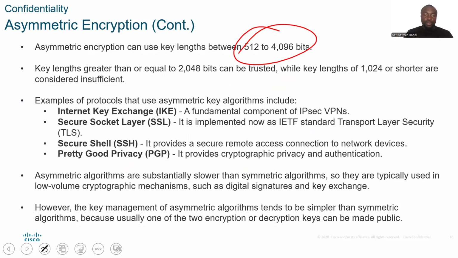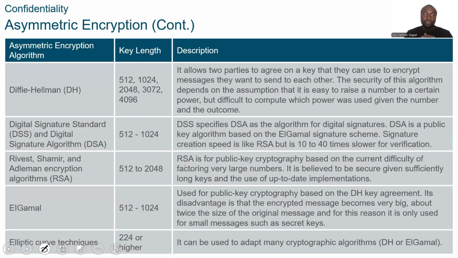So examples of protocols are Internet Key Exchange, SSL (Secure Sockets Layer) or TLS, then SSH, and then PGP, Pretty Good Privacy. Okay, these are different protocols and standards that are used in data exchange. All right, especially for encryption, so it makes it very, very secure.